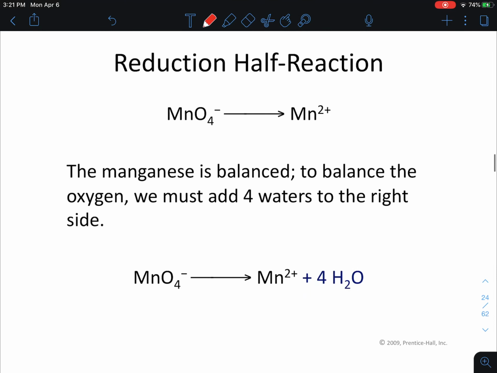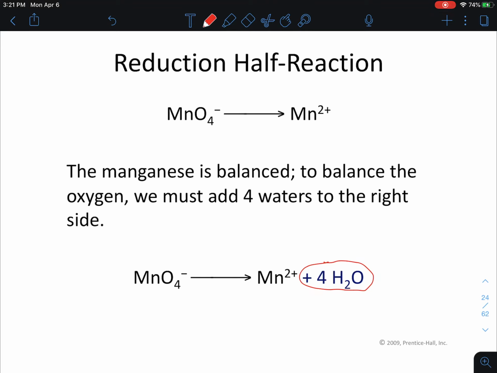And here we have permanganate, MnO4-, changing to Mn2+. So first we ask if there are atoms other than oxygen to balance. There are not, so we move on to balancing oxygen. There are 4 oxygens on the left and none on the right.